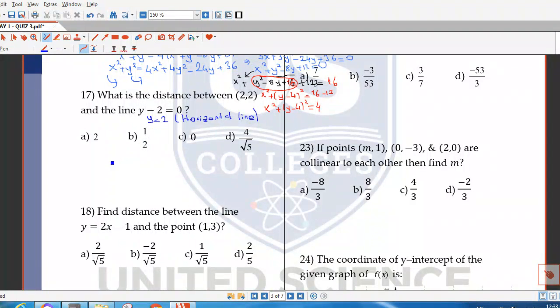You may use some shortcuts. To find the distance, it will be the difference of y, since you have y equal to 2, and the y coordinate of the given point. Distance in absolute value is going to give you the answer. Answer is going to be 0.